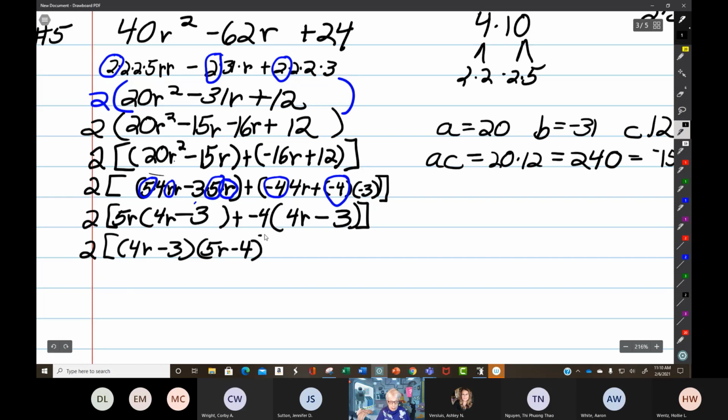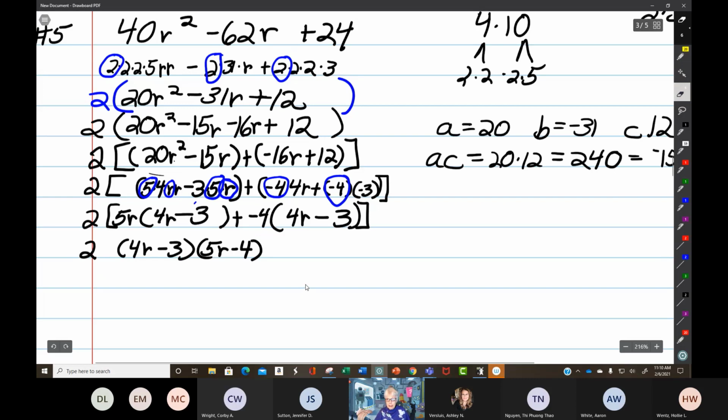And I mean, I could close the bracket, but actually, notice I don't need the bracket now because everything is multiplied. And I don't have to worry about getting the 2 mixed up with the other stuff.